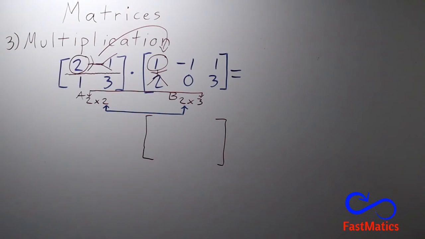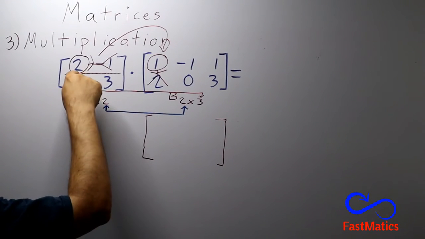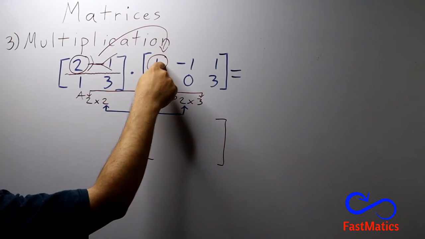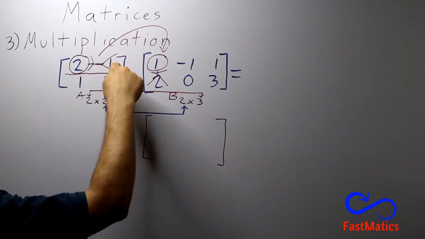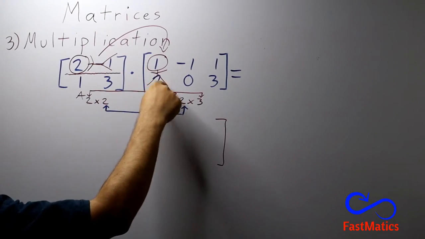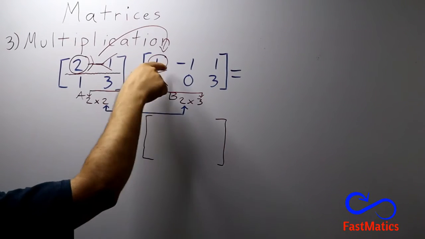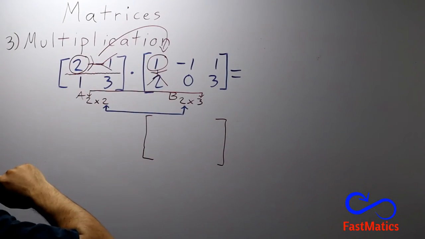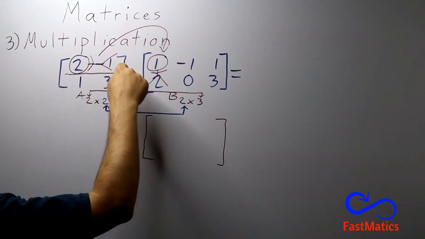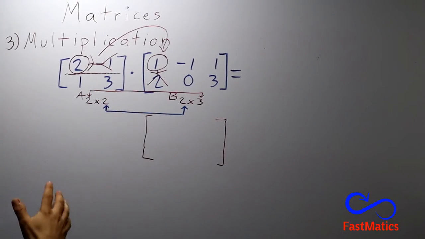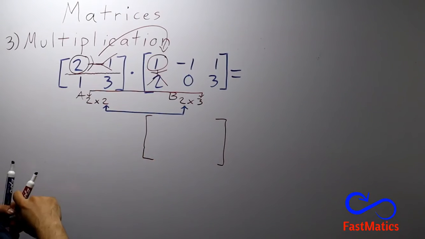And now it is very simple. You multiply this number times this number plus this number times this number. So the numbers that are on the head will be multiplied plus the numbers that are on the feet will be multiplied. And that's it.